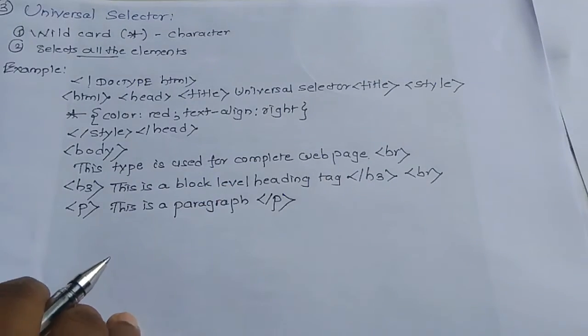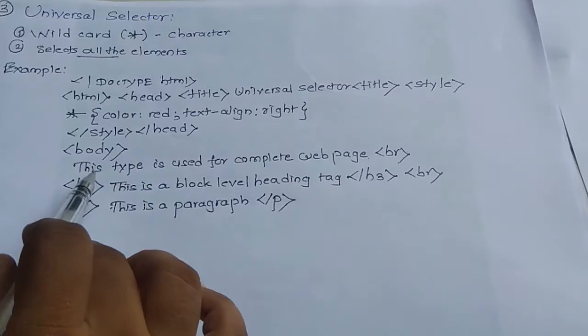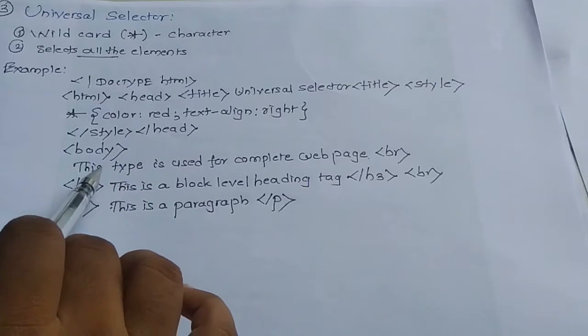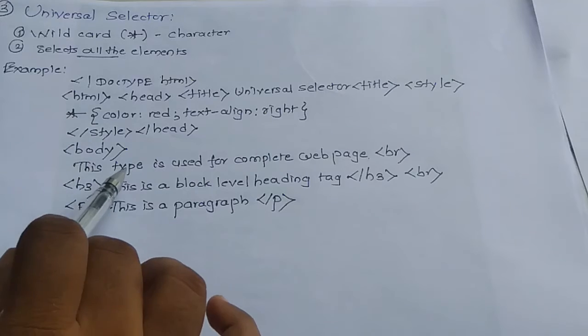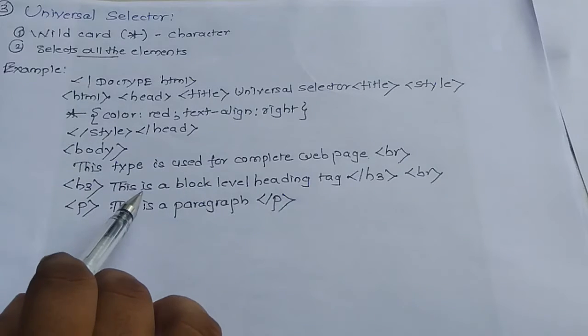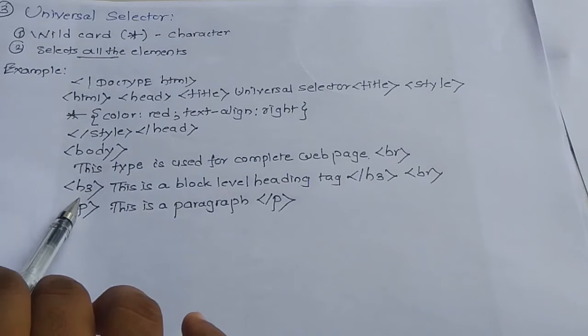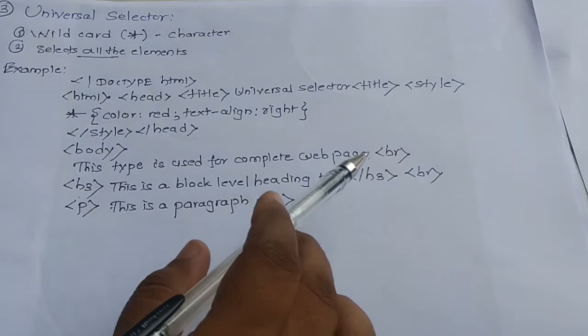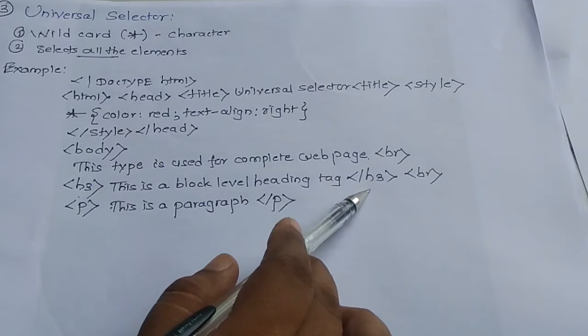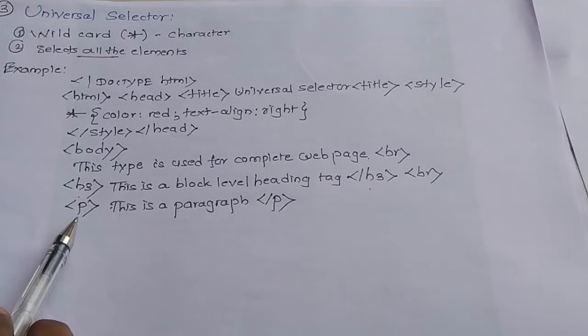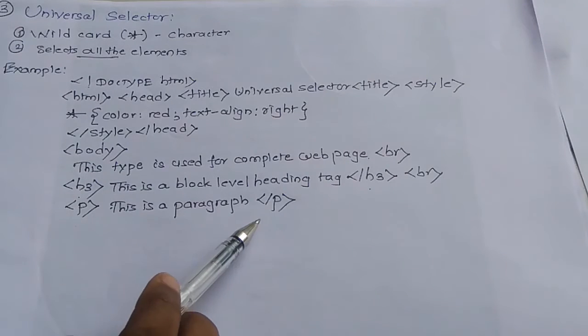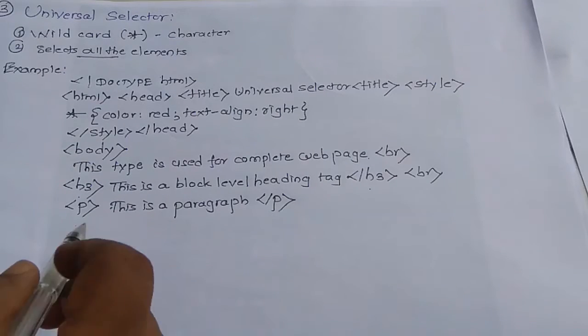So if you observe, in this I used the first sentence with nothing, that means no tag is used for this. For the second sentence I used H3, "this is a block label heading tag", then I close it with /H3, and in the third I used the paragraph tag, "this is a paragraph", and I closed it with /p.